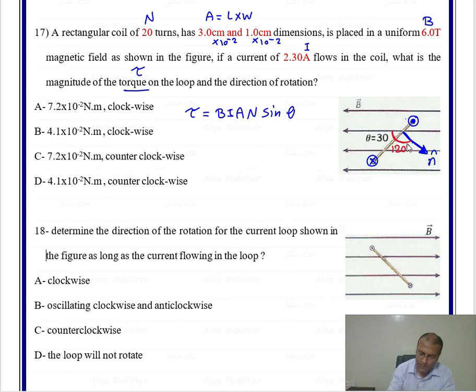This is n hat. So torque equals, where is B?